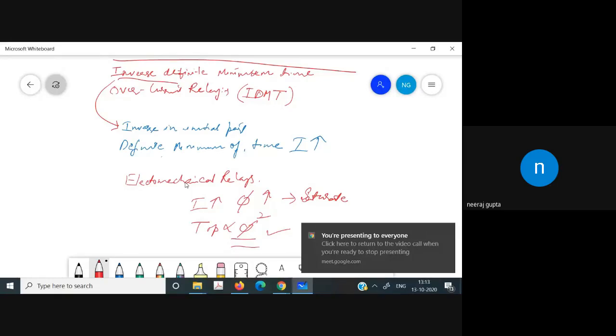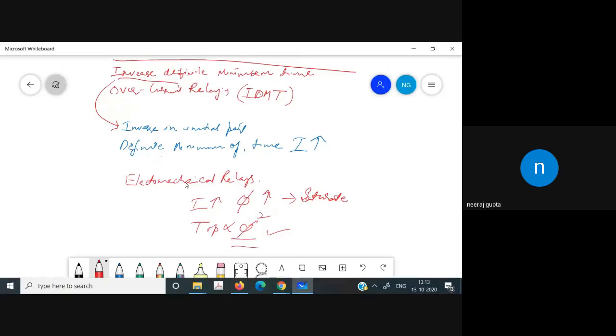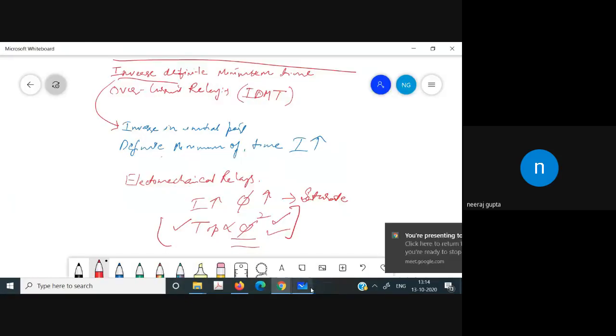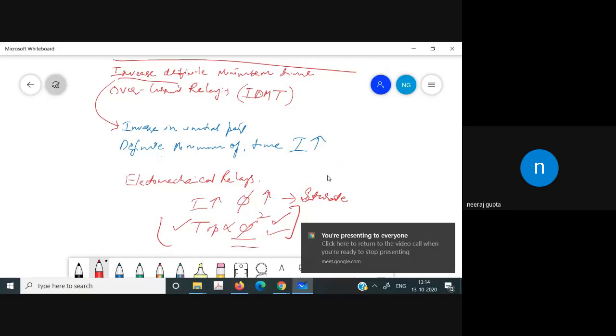So it means that for a higher value of the flux, the core will saturate, and as a result the operating torque would not be increased much. So that's the property of electromechanical relays that can be used in this inverse definite minimum time over current relay: after the current is very high, the core will saturate, and the torque will not increase.